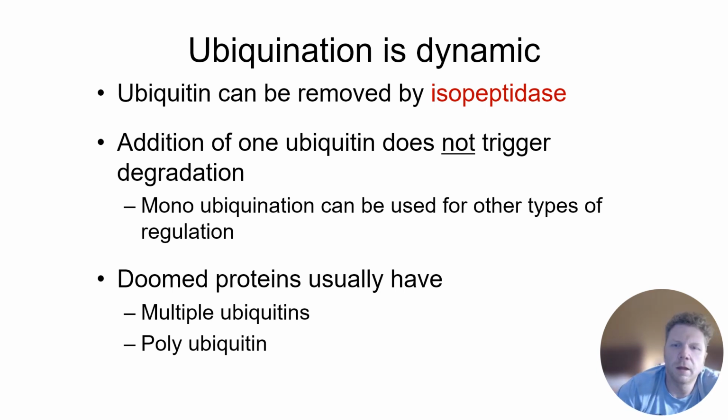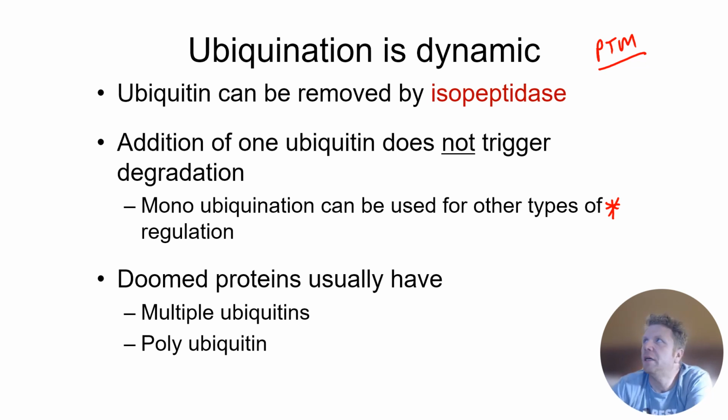Now, I want to go ahead and break this down. First of all, monoubiquitination can be used for other types of regulation. Let's think for a moment of post-translational modifications, PTMs. There are a couple of different PTMs that we've talked about.